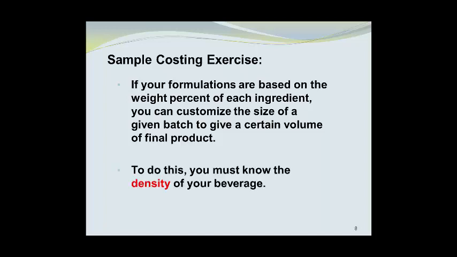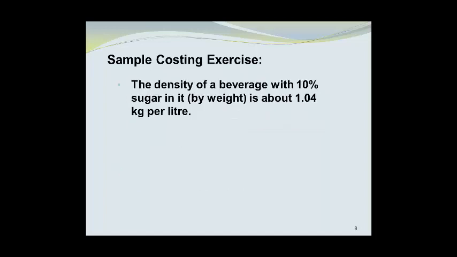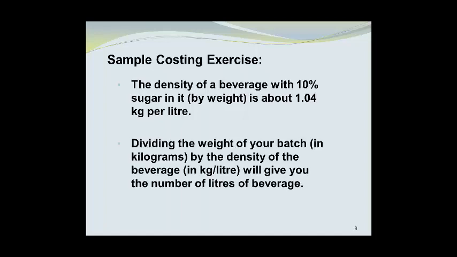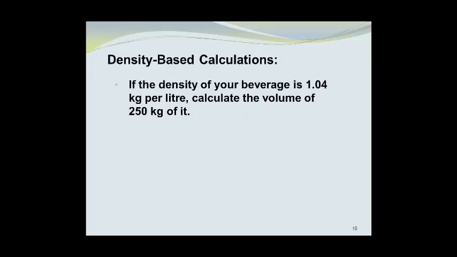To do this, you must know the density of your beverage. The density of a beverage with 10% sugar in it, by weight, is about 1.04 kilograms per liter. Dividing the weight of your batch in kilograms by the density of the beverage in kilograms per liter will give you the number of liters of beverage.